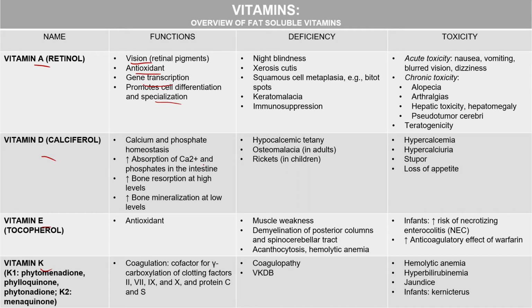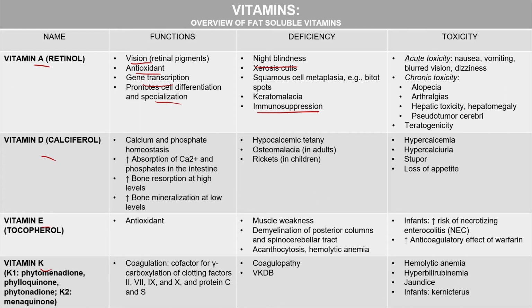So if we have low vitamin A in our body, it leads to malfunctioning synthesis of glycoproteins and glycolipids, and by not differentiating and specializing cells, we can get immunosuppression, right?